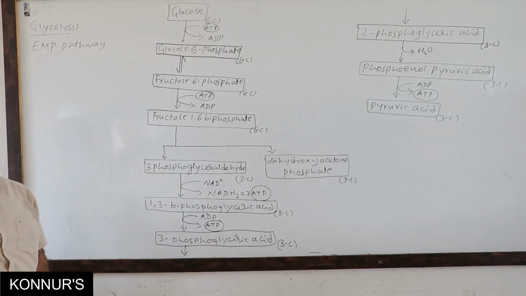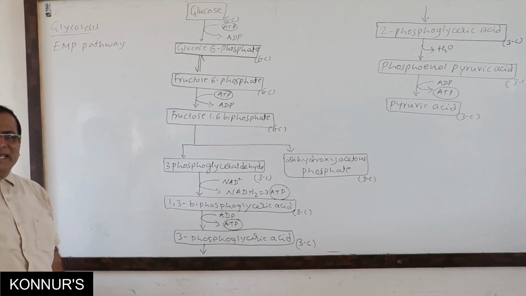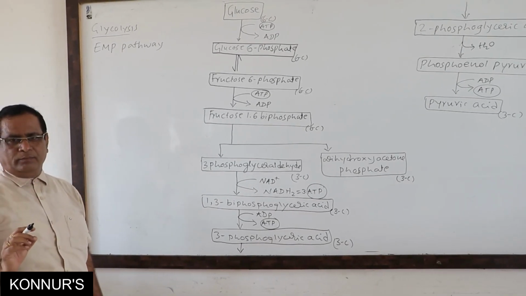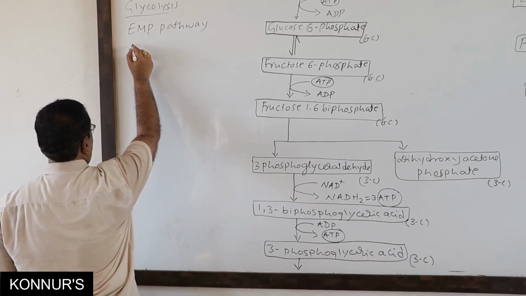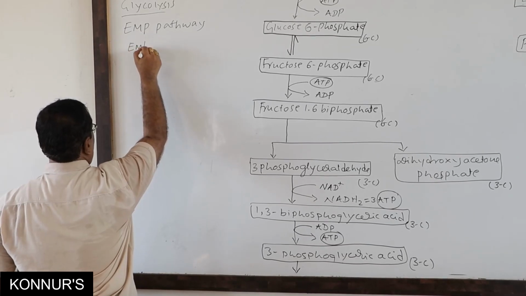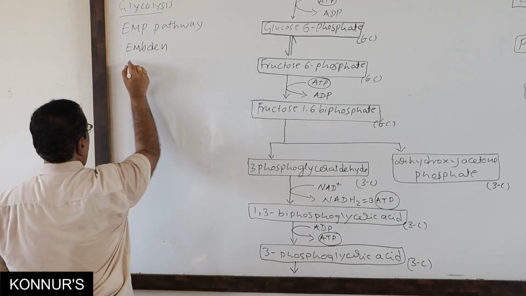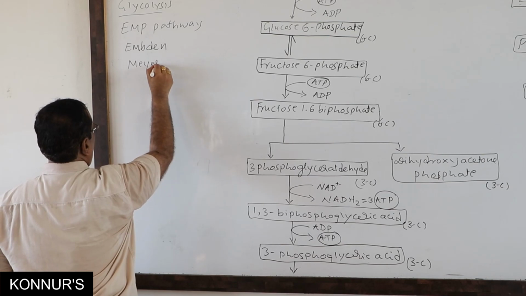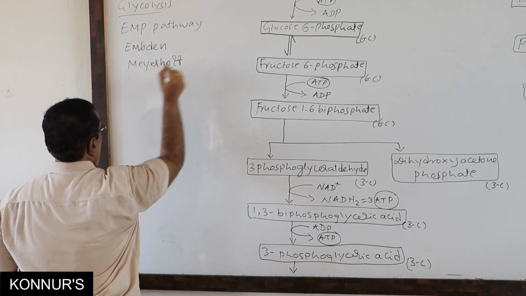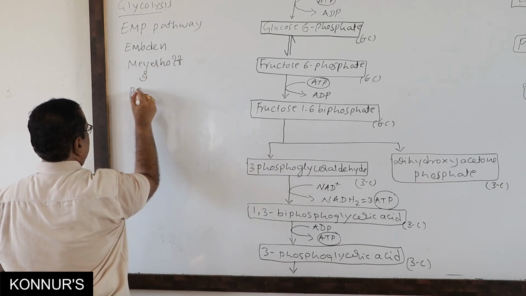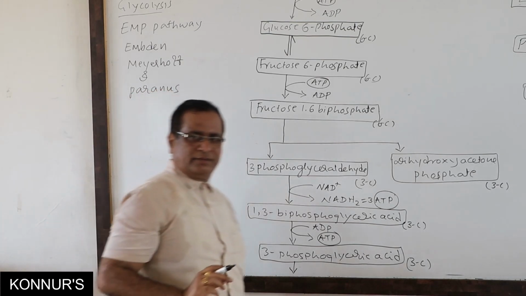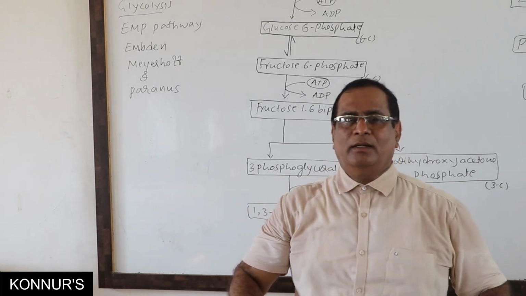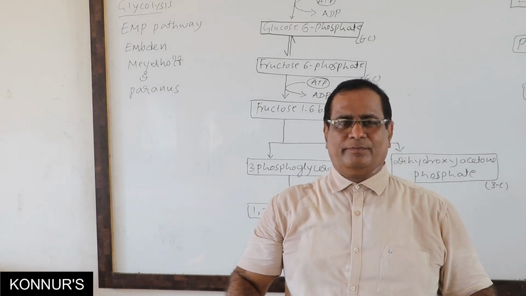Why is glycolysis said to be the EMP pathway? Three eminent molecular biologists named Embden, Meyerhof, and Parnas did work on it. Hence the name EMP pathway.